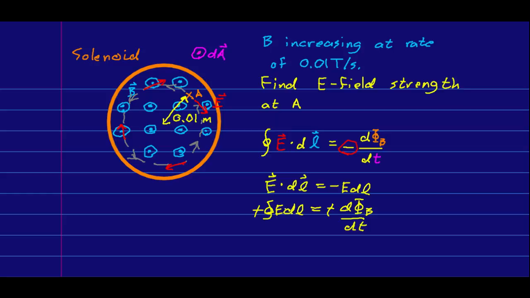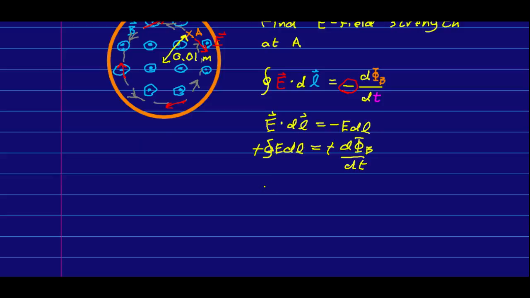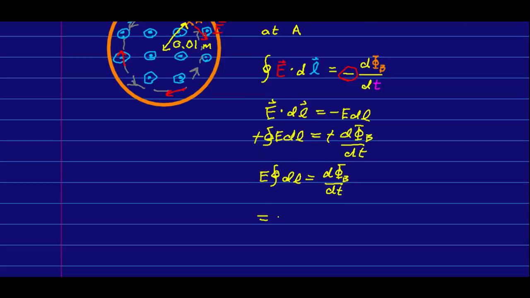The E field is uniform everywhere on this Amperian path by symmetry, and so I can just pull it out. As I hope is becoming familiar, that means I now have a nice, easy integral that is nothing more than the length of the path, which is going to be the circumference of the circle.